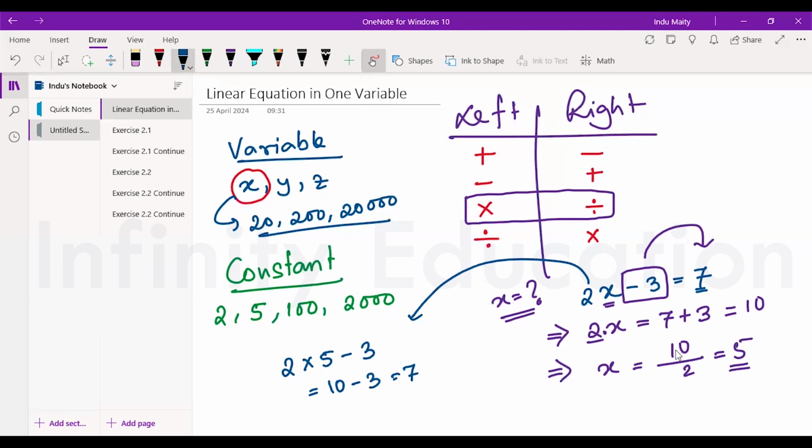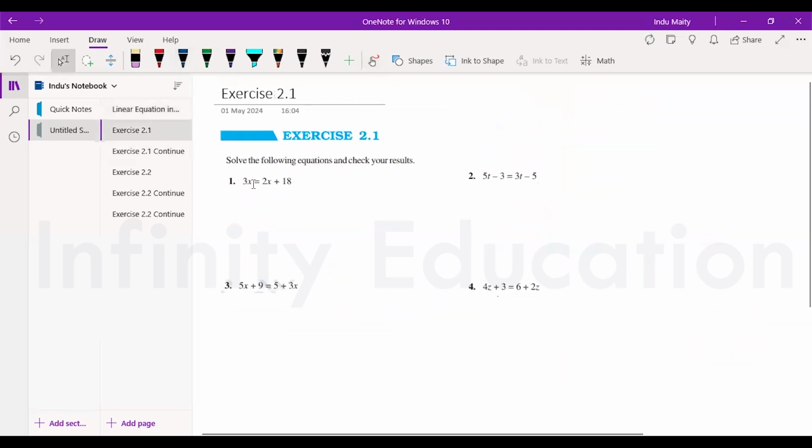Now let's see some of the examples available in exercise 2.1. In 2.1, the first question is 3x is equal to 2x plus 18.